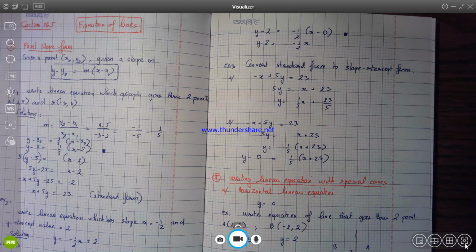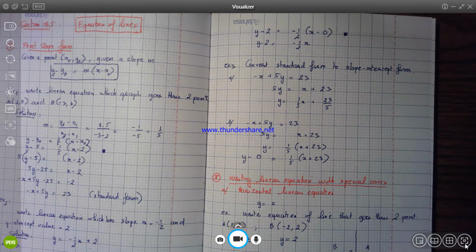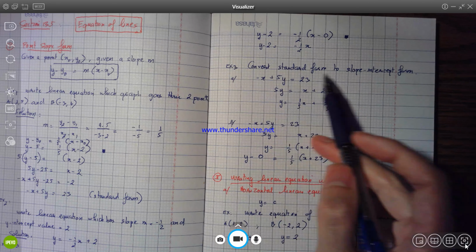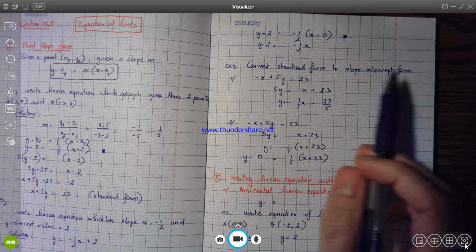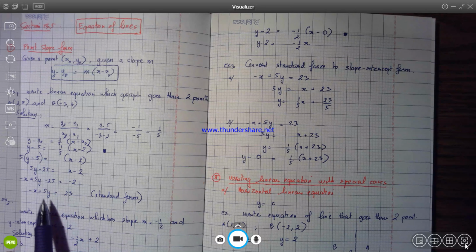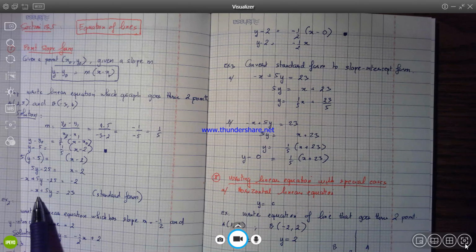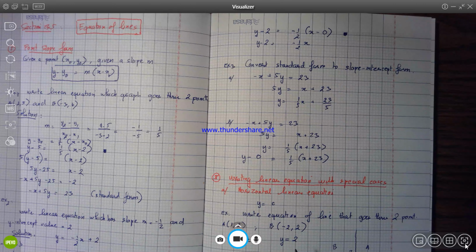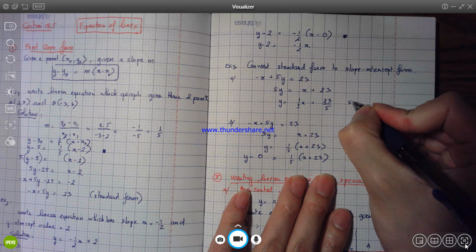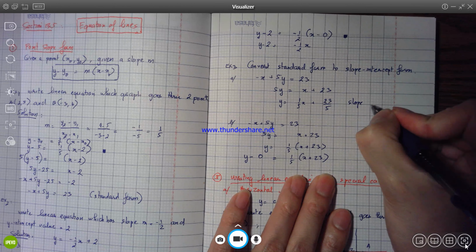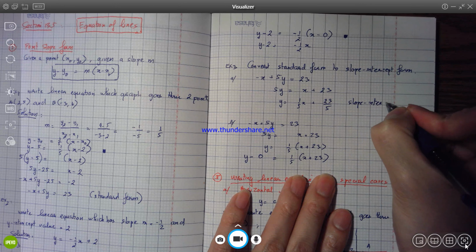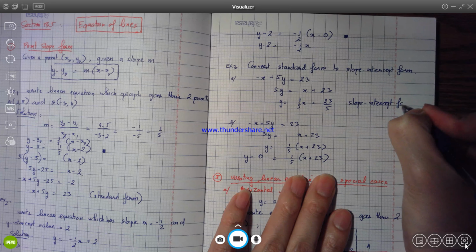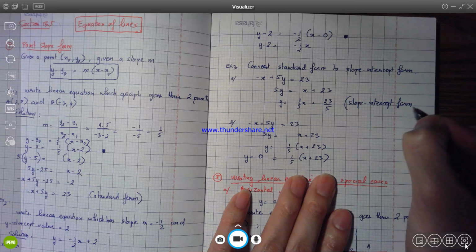And on the third example, I will show you how to convert standard form to slope-intercept form. So I'm going to try to convert this one. This is standard form already, right? And I'm going to convert it to slope-intercept form, which is y equal to mx plus b. So how am I going to do this?